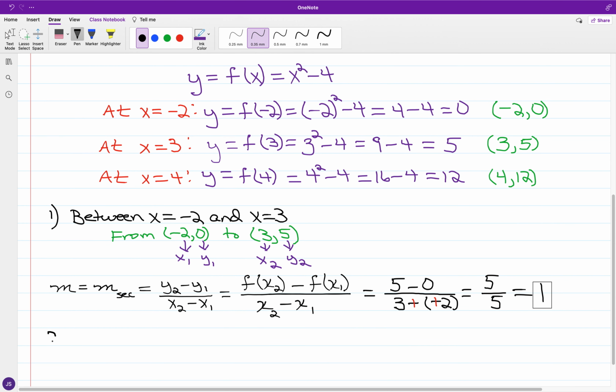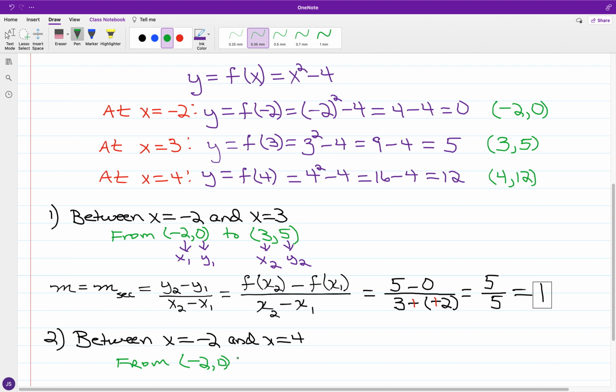Now, for the average rate of change between x is equal to -2 and x is equal to 4, okay, so again we have traveling from and past (-2, 0) all the way out to where x is equal to 4, where the corresponding y value is going to be at 12.